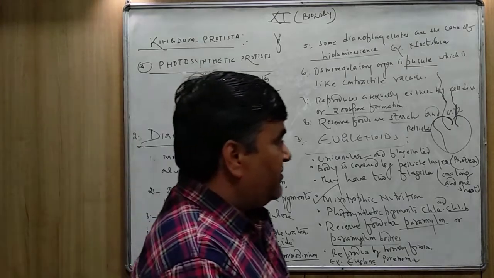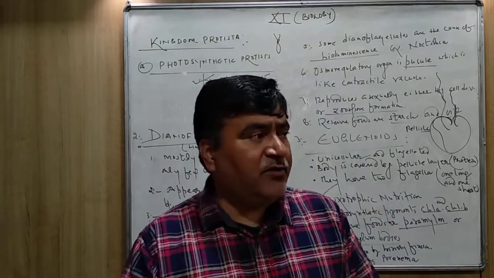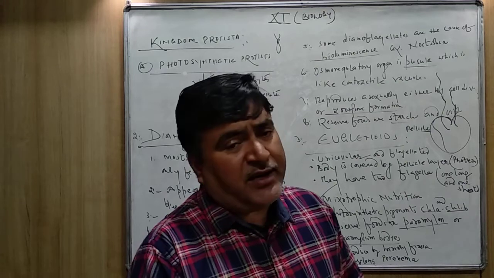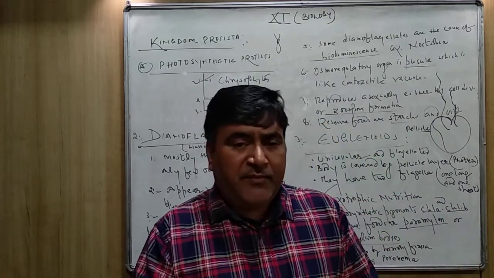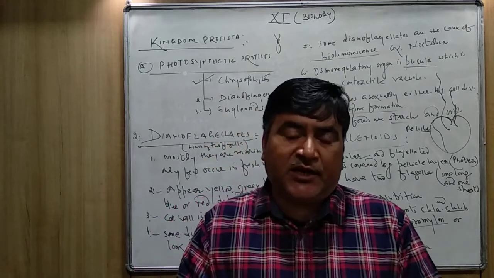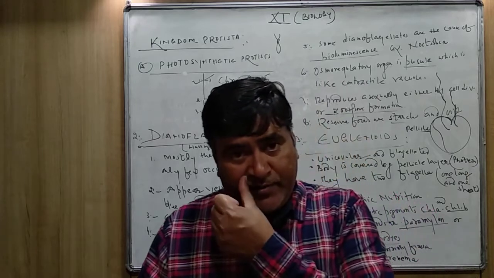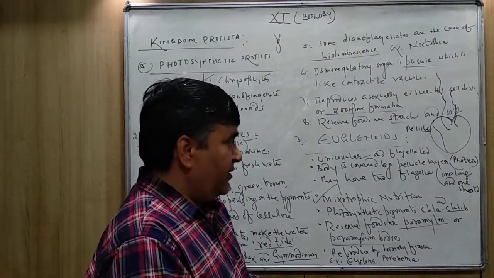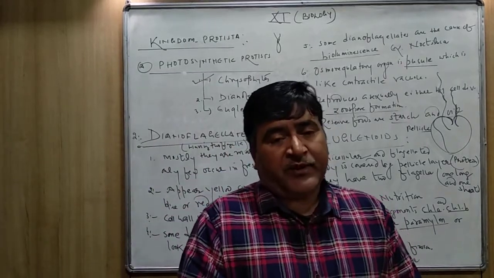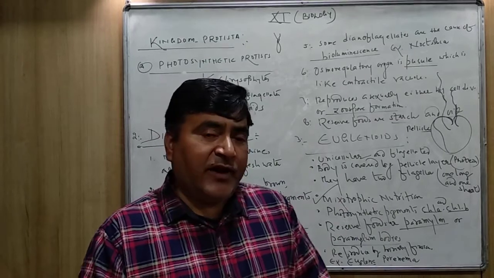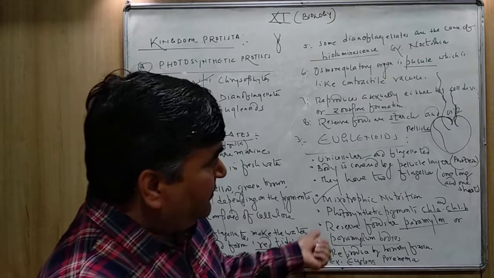The members of the euglenoids appear green in color, because of the presence of chlorophyll pigments, chlorophyll A and chlorophyll B. They don't have phycoerythrin, phycocyanin, such types of pigments.